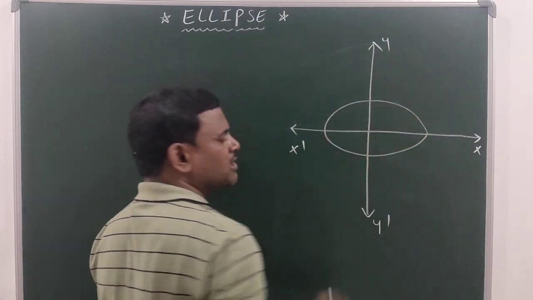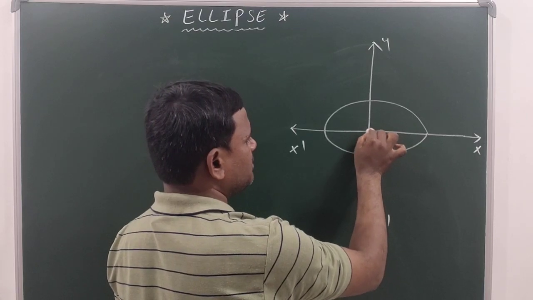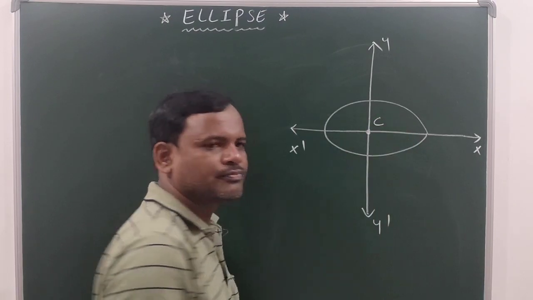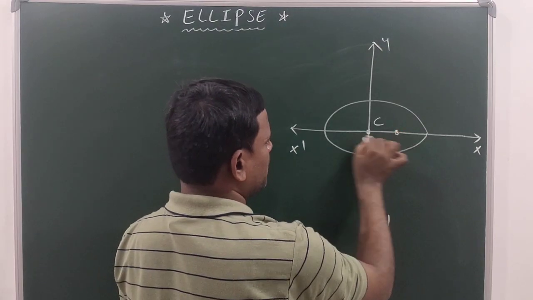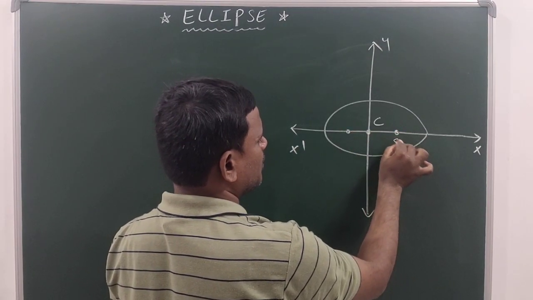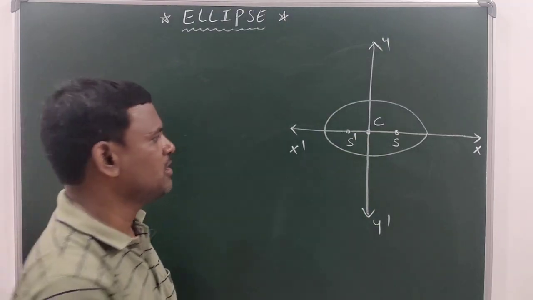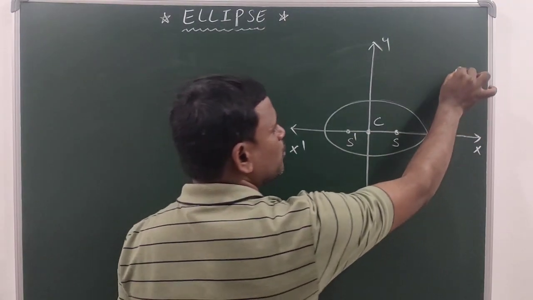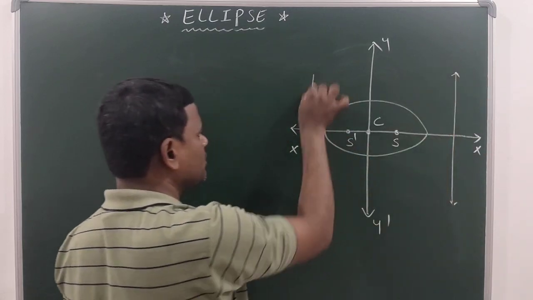Consider this locus whose center is at the origin, and consider the two fixed points here on the x-axis, one is S and the other one is S dash. For this ellipse we get two directrices, one on this side and one on this side.